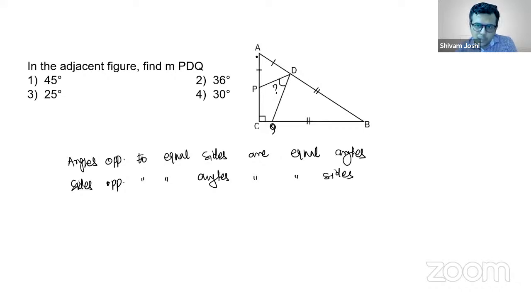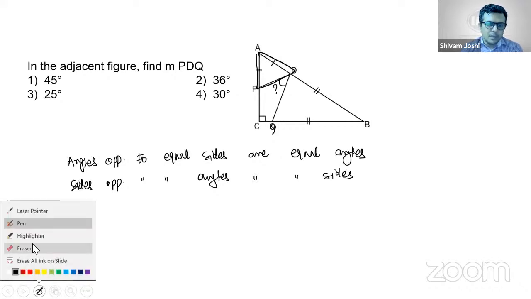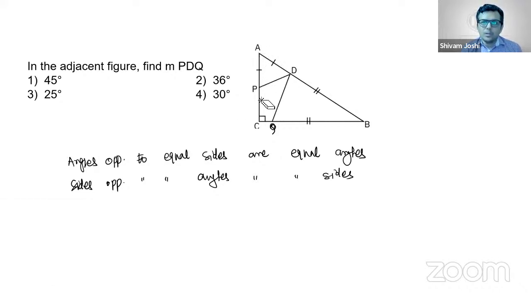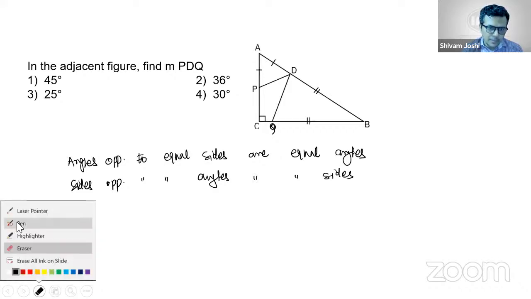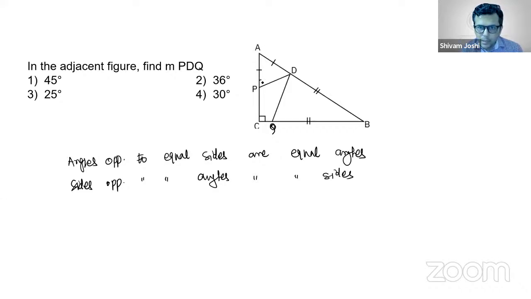Now in this triangle APD, just focus your attention on that. Can we see that AP and AD are equal sides? Because of that, angles opposite to them will also be equal angles. So I can take these two angles as x each. They are equal, right? So what about the third angle in the same triangle, that is angle A?